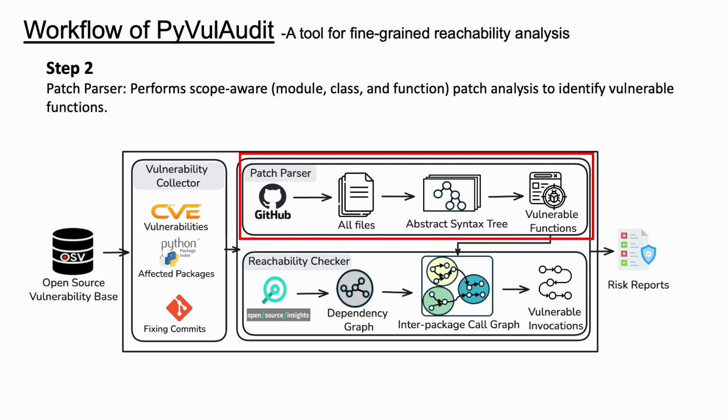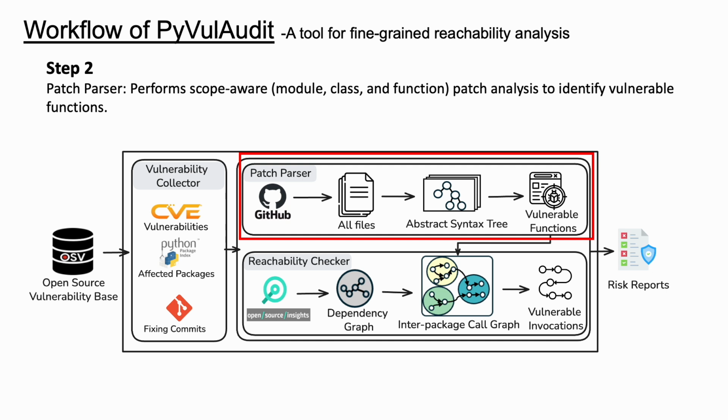In the second step, the patch parser performs the scope-aware patch analysis to identify vulnerable functions. PyVulAudit examines three distinct scopes: function scope, class scope, and module scope. It uses AST to extract code elements and collect the modified elements from fixing commits.